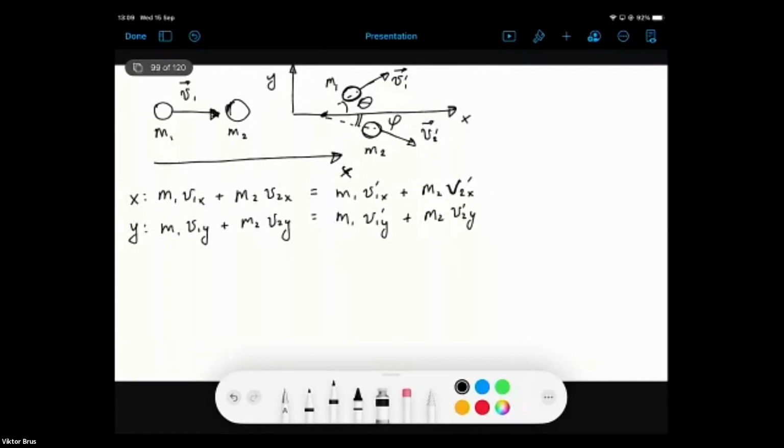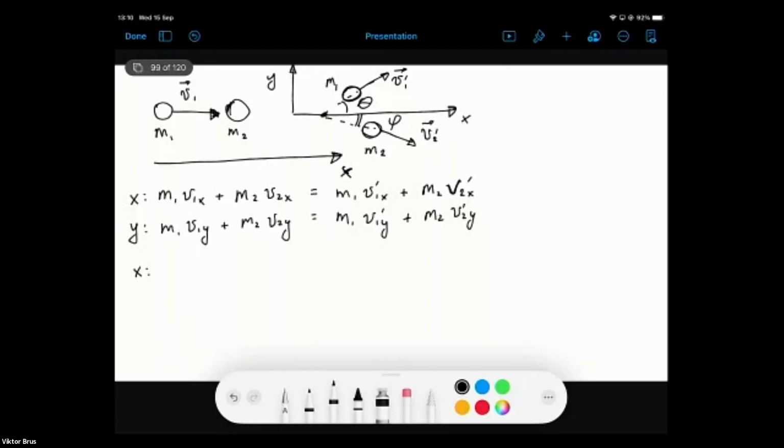Okay, so this is the general case, because we need to consider both projections of the linear momentum vectors of both bodies initially and finally. However, in this particular case, we need to think about what we have and what we don't have. So let us write it for axis x. What is the initial linear momentum vector projection on axis x?